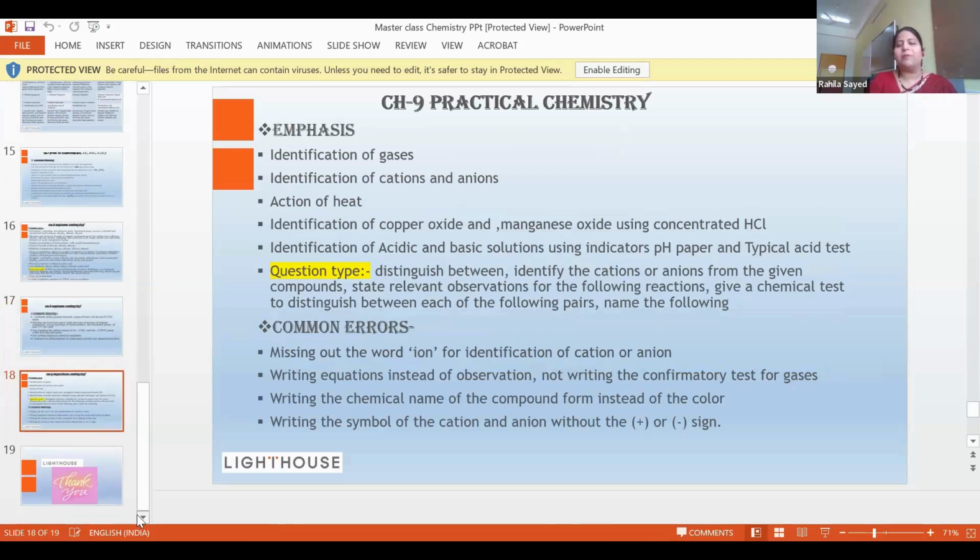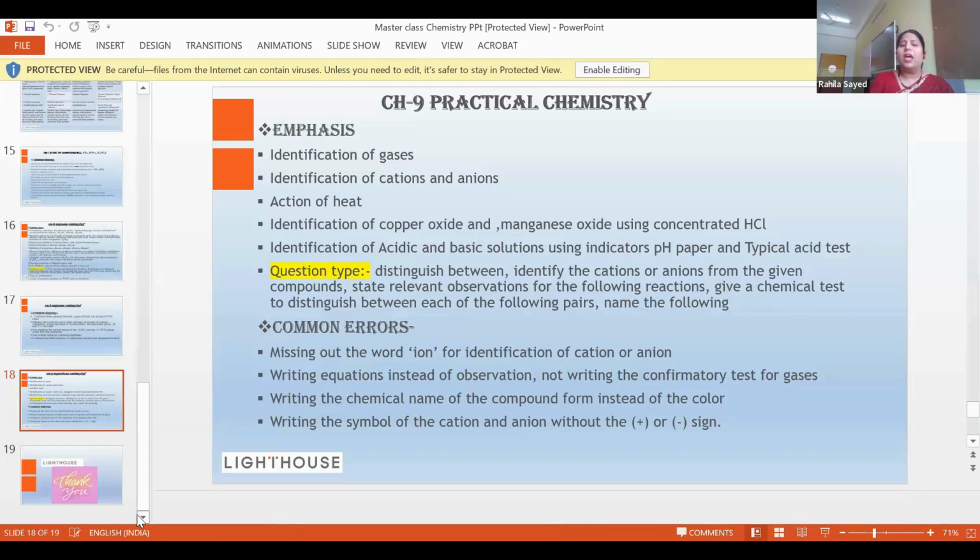Next, practical chemistry. Again, a very important chapter. So here we have the identification of gases. 10 gases are given. Identification of cations and anions. Action of heat. Identification of copper oxide and manganese oxide using concentrated HCl. Identification of acidic and basic solutions using indicators, pH paper, and a typical acid test.